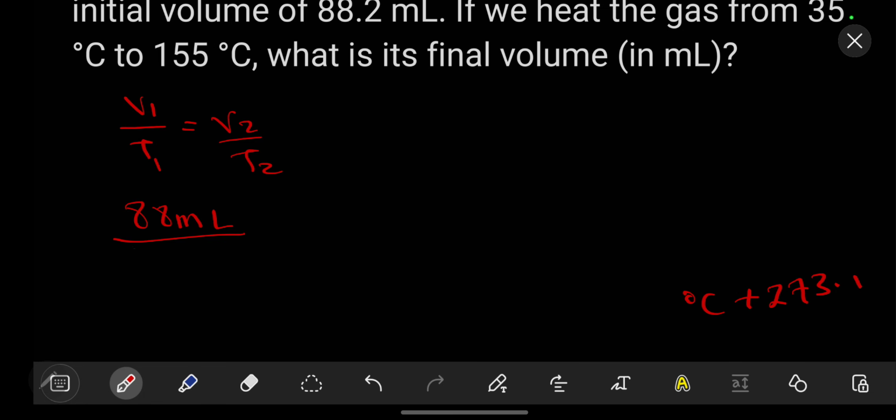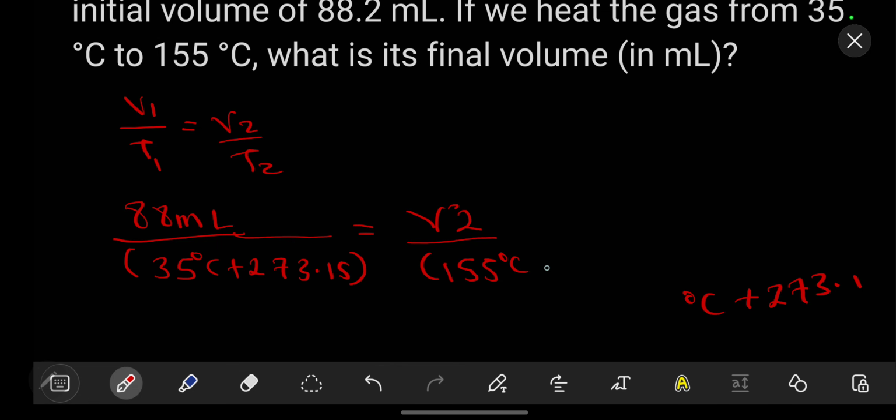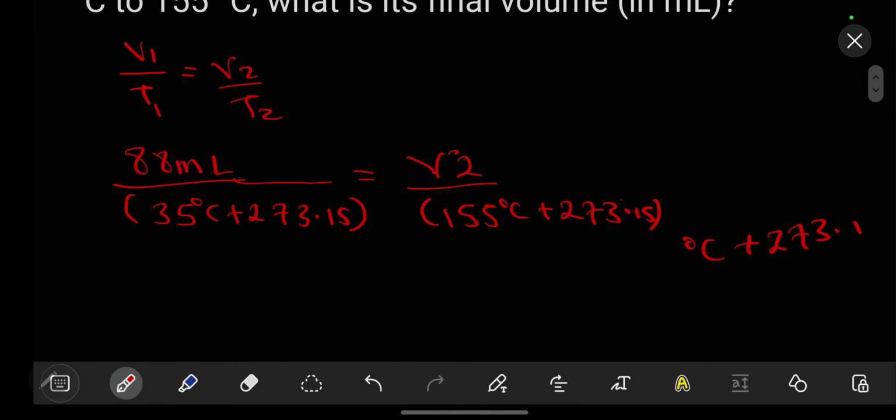So we have open brackets, 35 degrees Celsius plus 273.15, equal to our volume number 2 over the second temperature, which is 155 degrees Celsius plus 273.15. When we do our calculations, we are going to cross multiply.